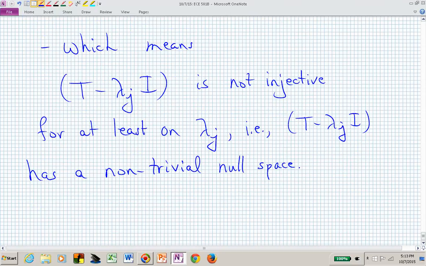And if that's the case, then what do we know? If one of those t minus lambda sub j I's has a non-trivial null space, what's that going to say about that lambda sub j? If I have t minus lambda sub j I times a vector equaling the 0 vector, what's that say about that vector or that lambda sub j?